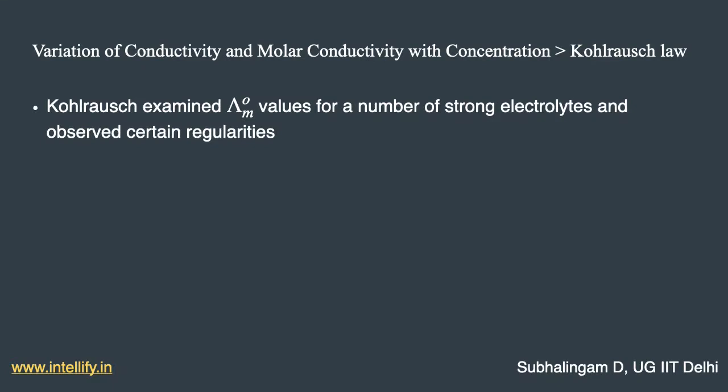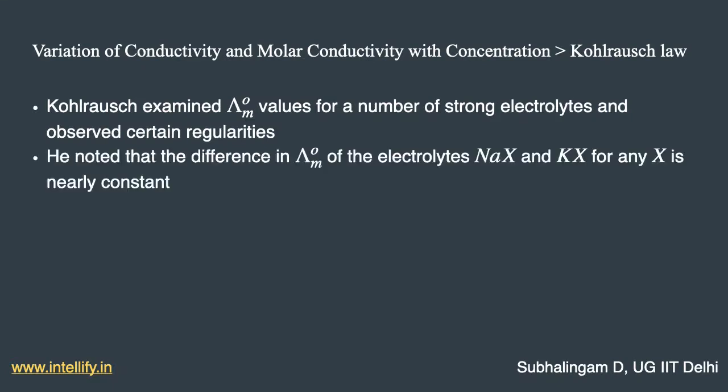Kohlrausch examined lambda naught m values for a number of strong electrolytes and observed certain regularities. He noted that the difference in lambda naught m of the electrolytes NaX and KX for any X is nearly constant.